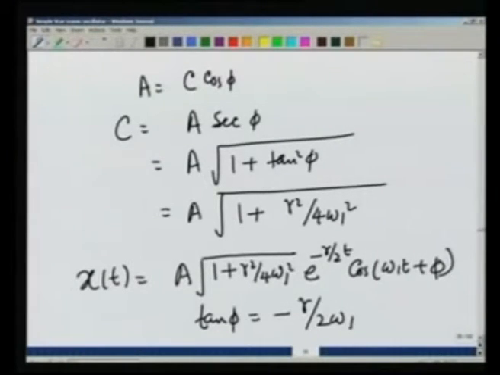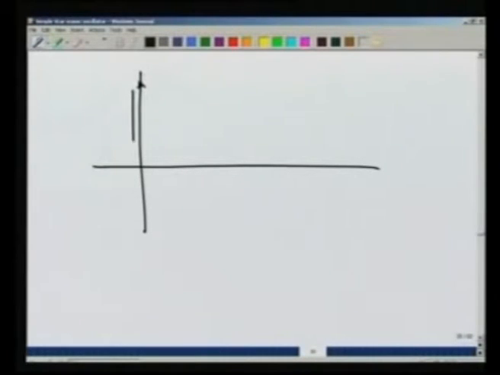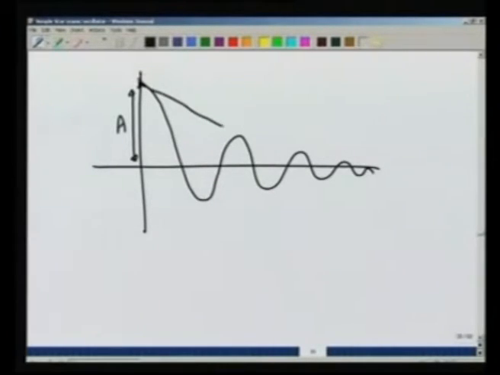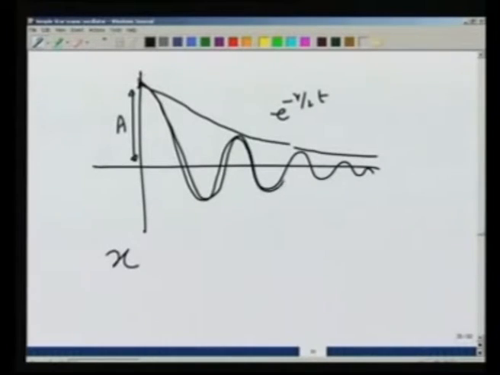If I were to plot this, it starts with a distance a here, and the motion goes something like this, because there is a factor of e raised to minus gamma over 2 t multiplying it. So, this is how the motion looks like in the lightly damped case.